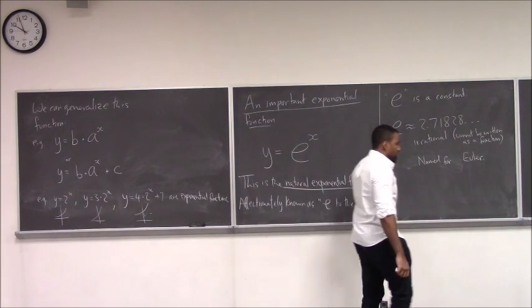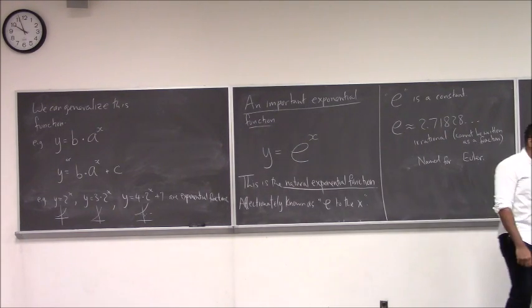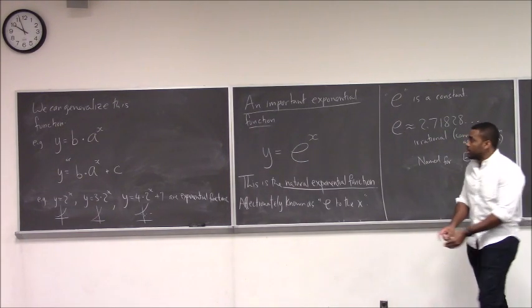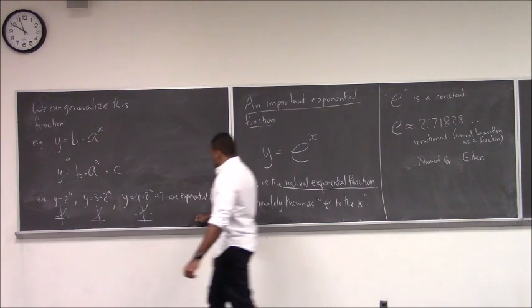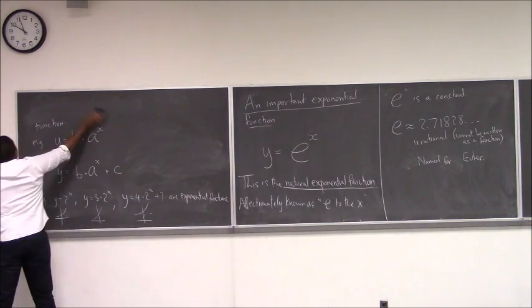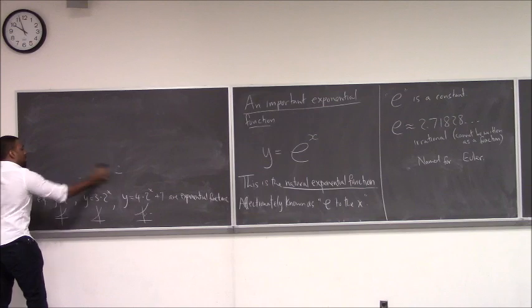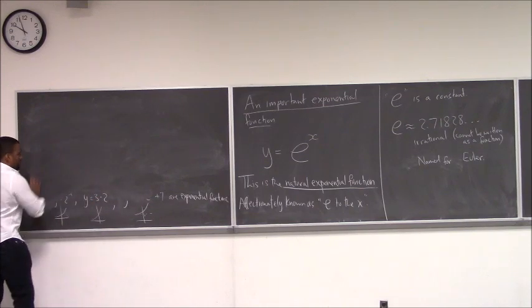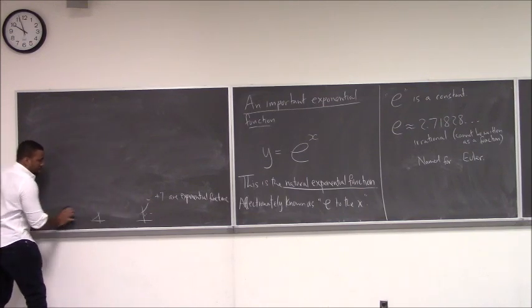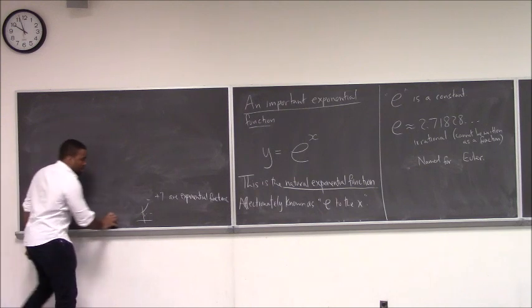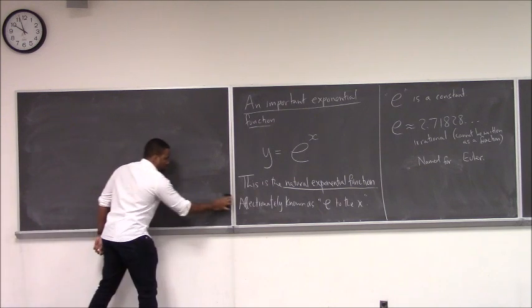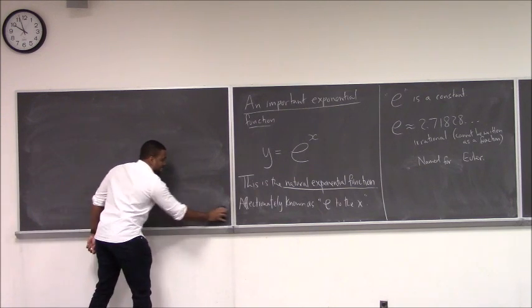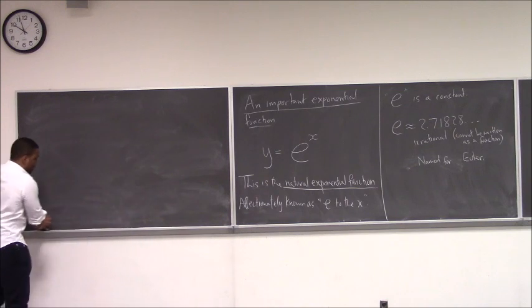And he came up with this number when he was investigating compound interest, and he considered the idea, what if you had a fake bank account that pays you 100% interest, compounded an infinite number of times throughout the year.